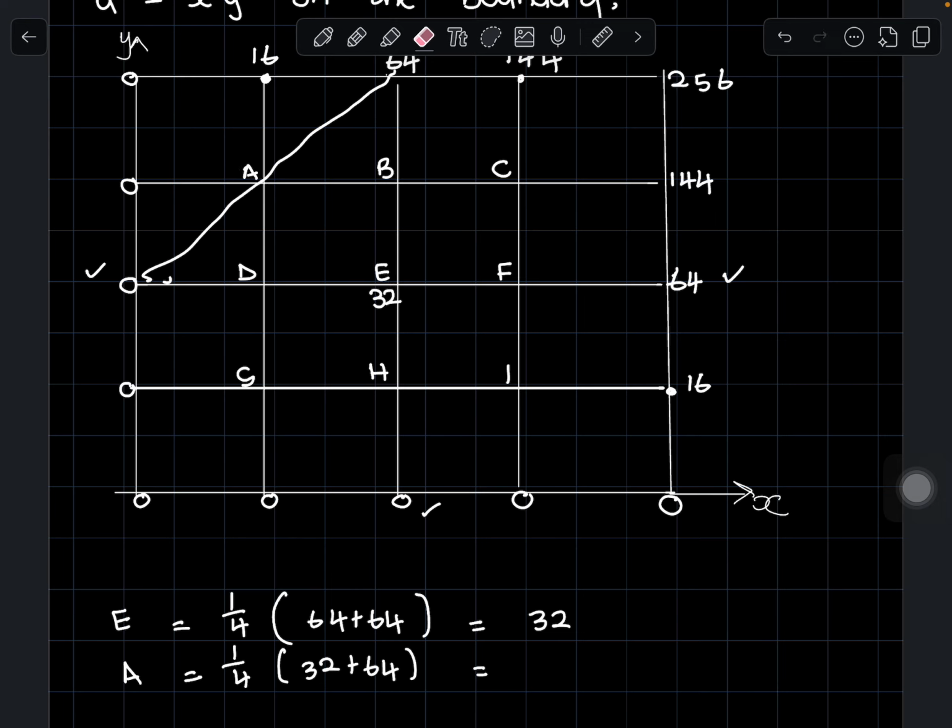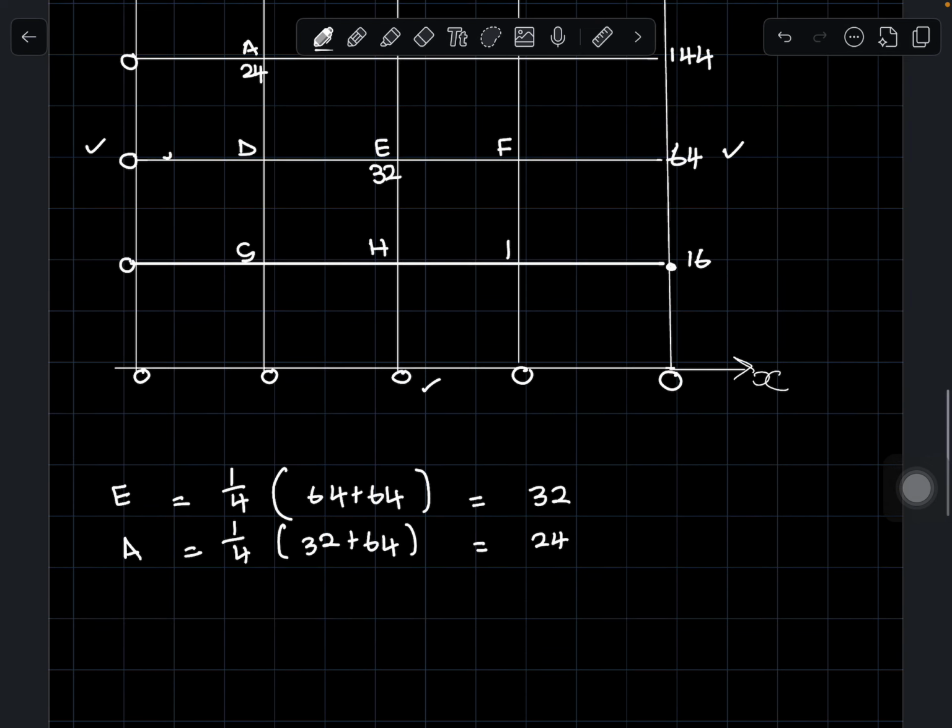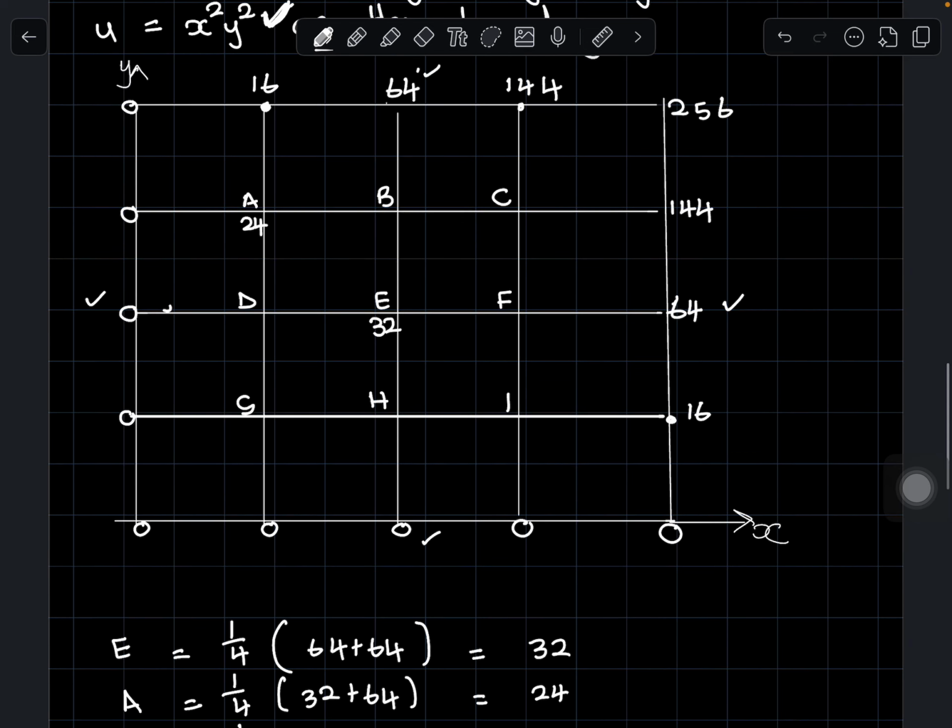The next one is C. At C, again, we use the standard 5-point formula. I mean the diagonal formula, right? 24 there. The same thing that we did there. So at C equal 1/4 of what? Like that. Right.